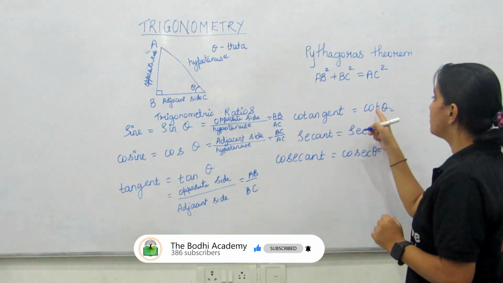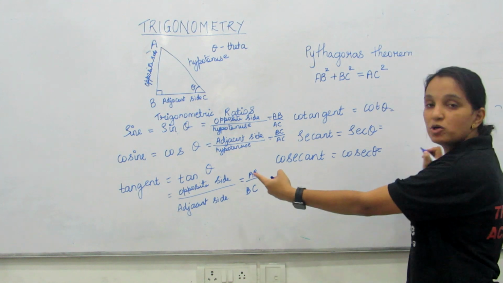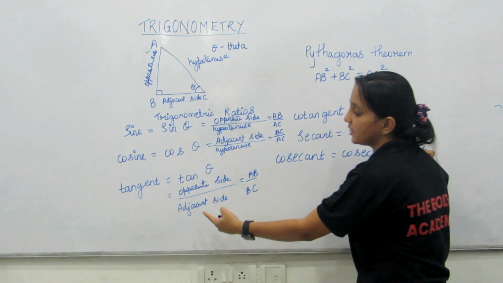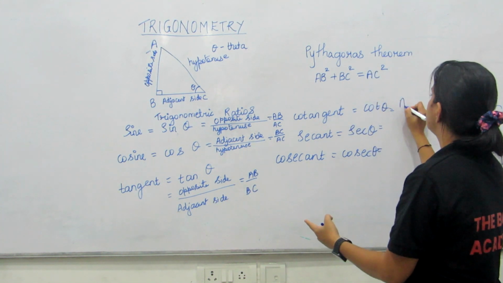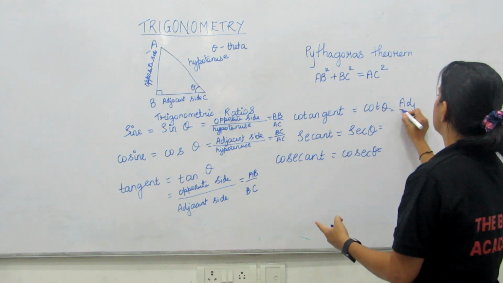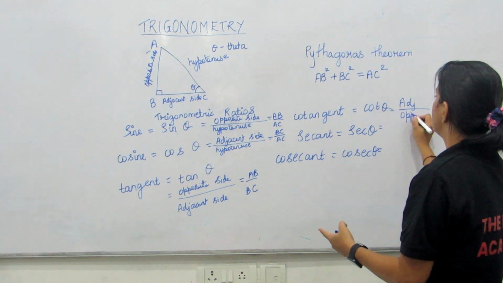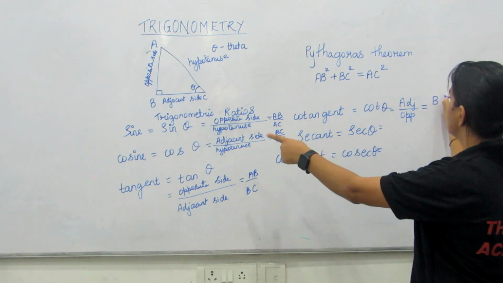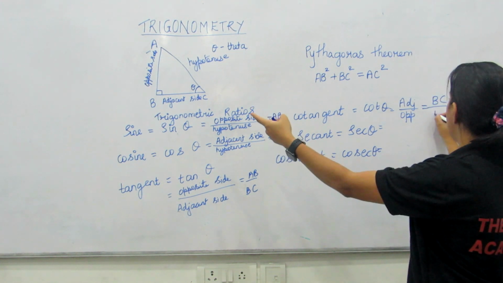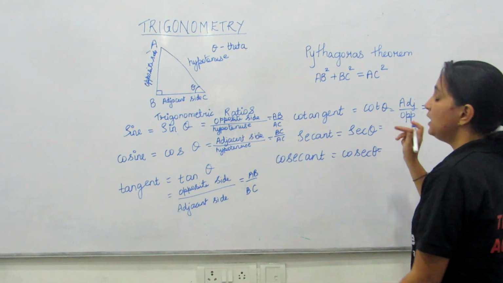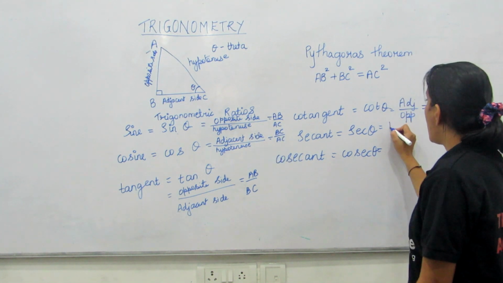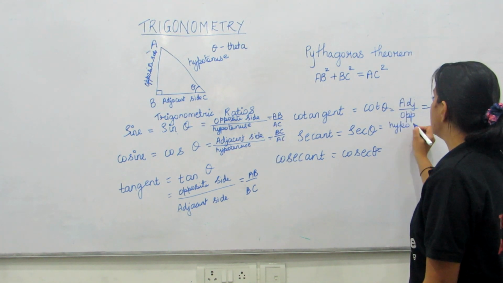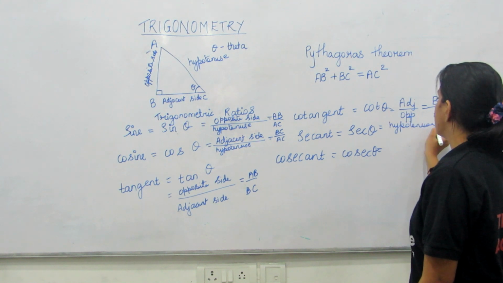Then we have cot theta. Cot theta is the opposite of tan theta, that is adjacent side upon opposite side. Adjacent here is BC upon opposite is AB. Sec theta is given by hypotenuse upon adjacent side.